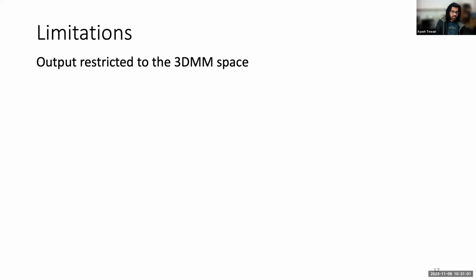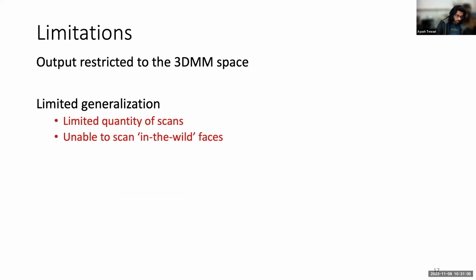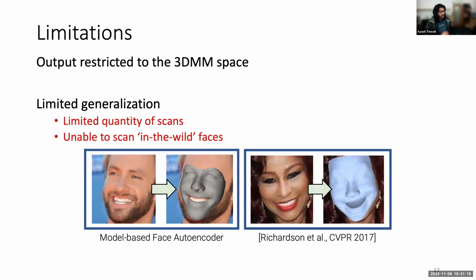What are the limitations? Well, the output is restricted to the pre-trained 3D space. The 3D model was built from 3D scans. And even though for faces there's a lot of interest, the number of scans is still limited, or at least it was limited for that model. And we cannot scan in-the-wild faces with beards, with makeup. There are a lot of issues with photometric reconstruction.